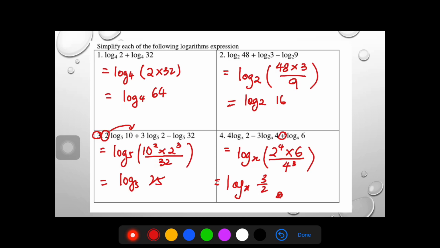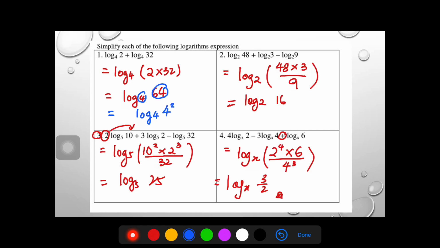Okay, so just now for question number 1, number 2, number 3, actually not yet finished. Because this number, like question number 1, 4 and 64, we can try to rewrite it again. Log 4, 64 is 4 power of 3, 4 cube.